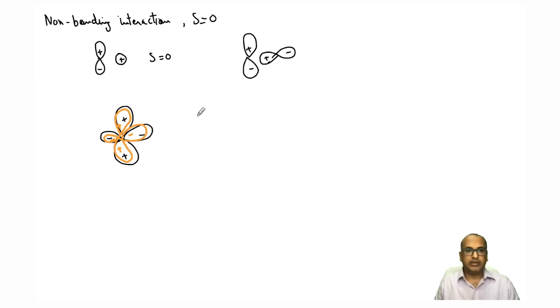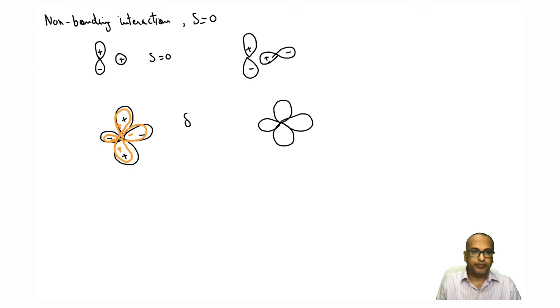Then this will be called delta, and if you have opposite signs, negative, negative, positive, positive, and instead of positive here you will now have negative, then this will be called delta star interaction. Okay, so these are typically seen in metal-metal bonding.